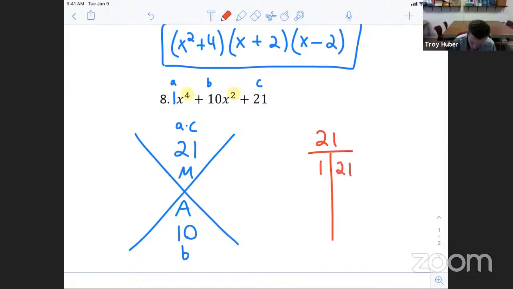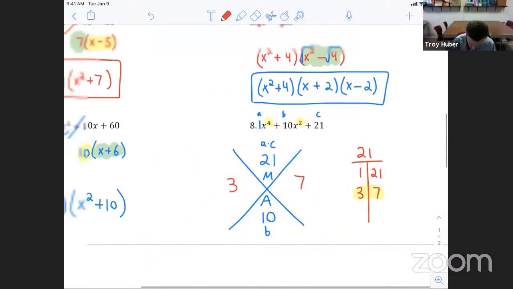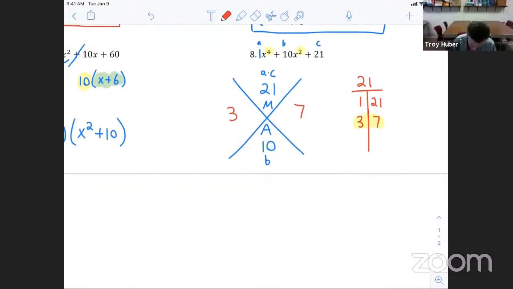So 1 times 21, 2 doesn't work. You could do 3 times 7. Oh, wait a second. Check this out. 3 times 7 is 21. 3 plus 7 is 10. So therefore, I can write x plus 3, x plus 7.